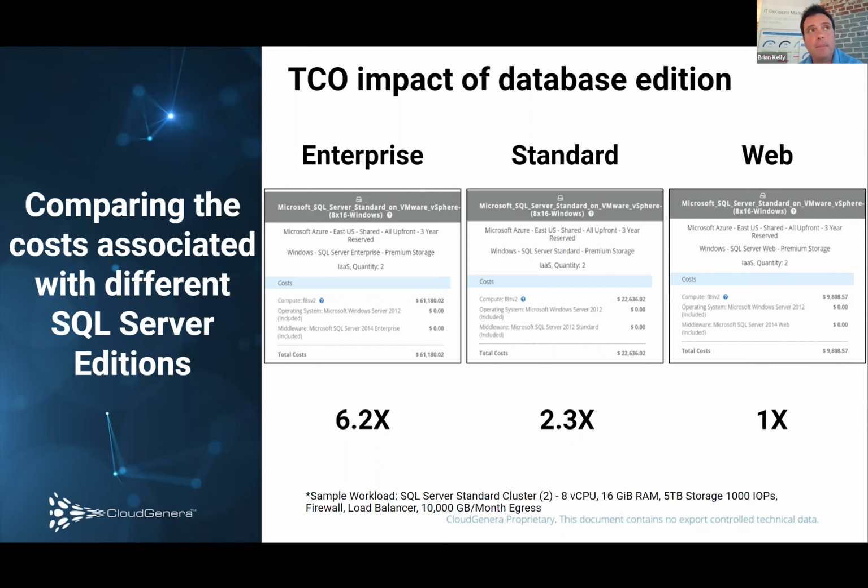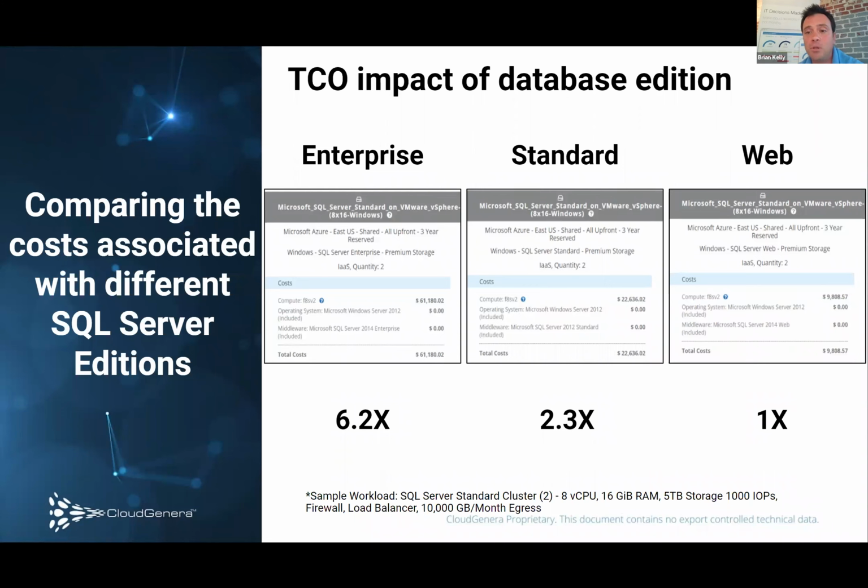And so again, the key determining factor here is about scale, and it's about availability. And then, for some providers, it may also be functional feature set, but ensuring that your organization is aligning the workload's requirements with the minimal edition that will support those requirements is critical.